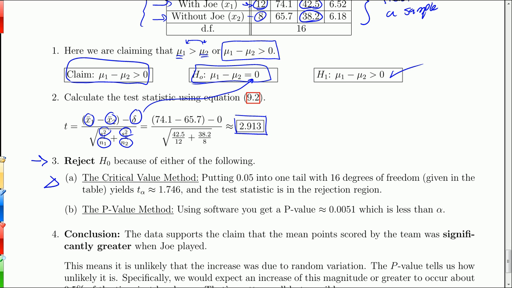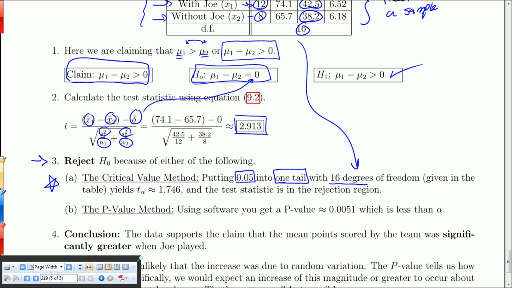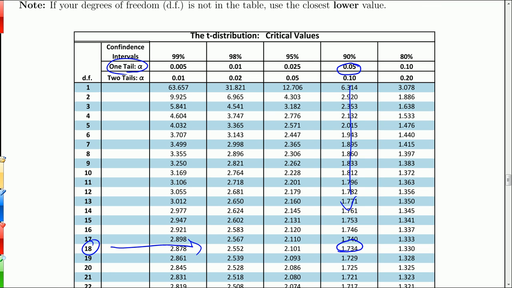So now we have to determine: do we reject or fail to reject the null hypothesis? Again, we're going to go with the critical value method. This is a 0.05 significance level. One tail, so right tail, 16 degrees of freedom, right? I gave you that here. Okay, so 0.05, one tail, 16 degrees of freedom.